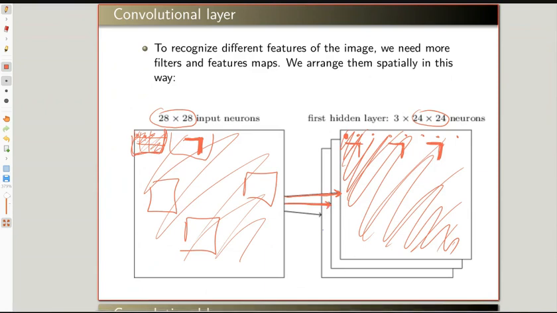I tile these images one over the other, and this is called a channel, actually, not a layer. This channel of the first hidden layer will probably recognize a different shape, not this anymore, but maybe a symmetric shape, something like this. So you do this trick on several channels.